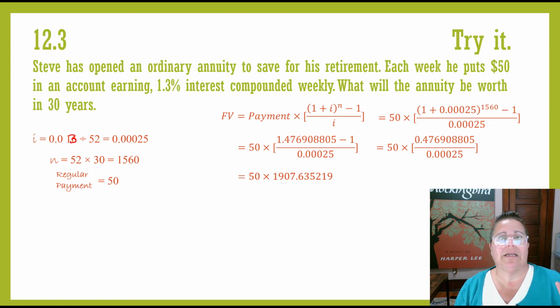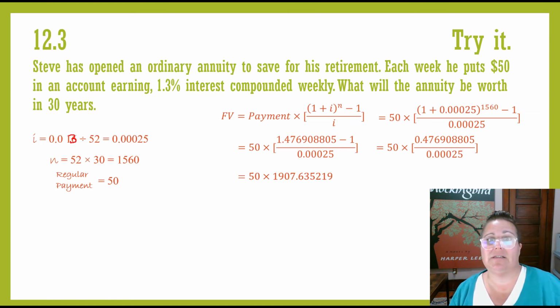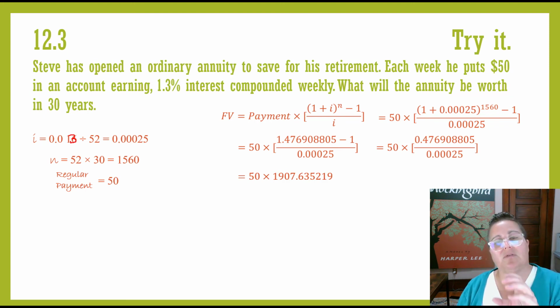Remember way back when I said that this number should be more than the number of compounding periods? We had 1,560 compounding periods, and we've got 1,907 as our number here. So that serves as a little back check for me. Whatever this number is, it's supposed to be more than the number of compounding periods, because if it's not, then Steve's not making any money.